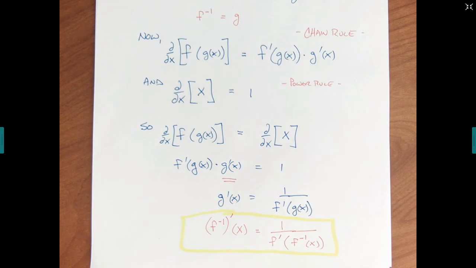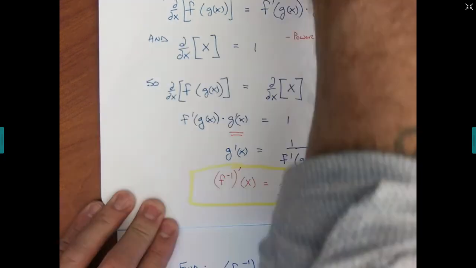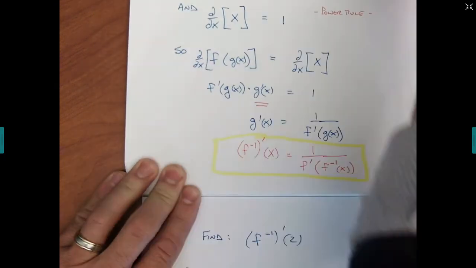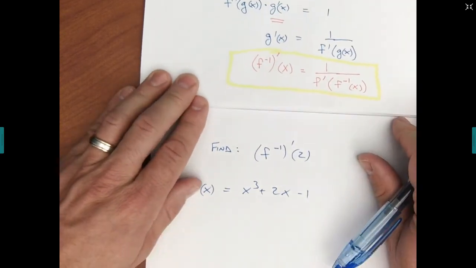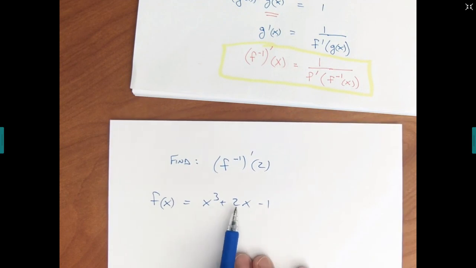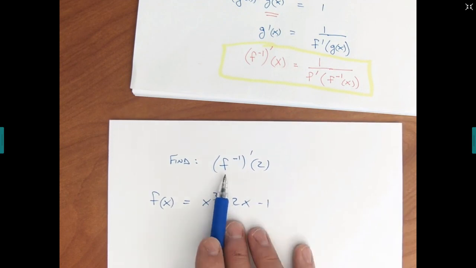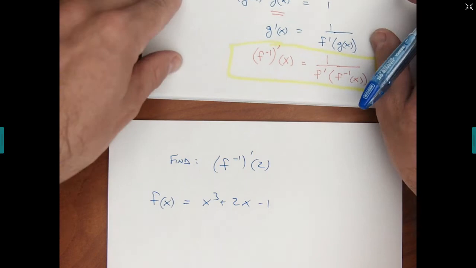Well, let's try an example with our new formula to see how it works out for us. So I'm going to take our little formula for the derivative of an inverse function. There we go. And I'm going to look at this example right here. f of x is x cubed plus 2x minus 1, and we're looking for the inverse. But you don't even have to go find it, because, in fact, it would maybe be a kind of tricky one, right?